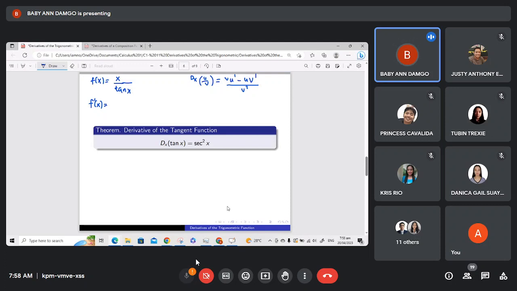So, this is of the form u over v. So, kani, copy ang tan x times u prime. So, ang derivative sa x which is 1 minus your u is x. And then, your v. So, derivative sa tan x is secant squared x all over tan squared x.